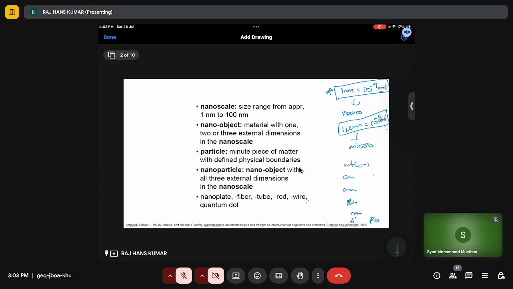We take meter as the SI unit for most cases. It depends on you whatever unit you are going to take, but to have some reference, we are taking meter as a reference scale.